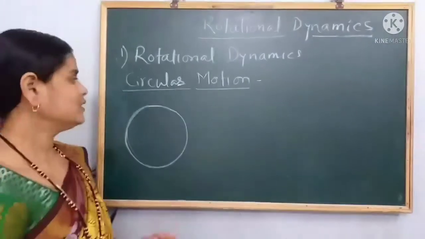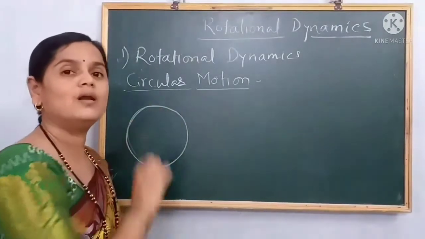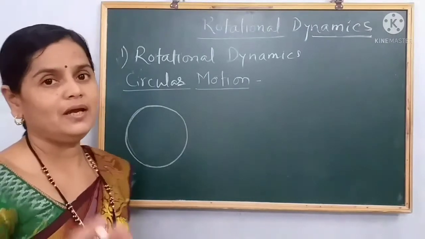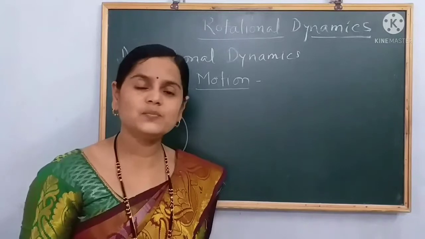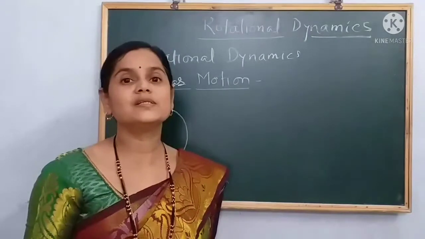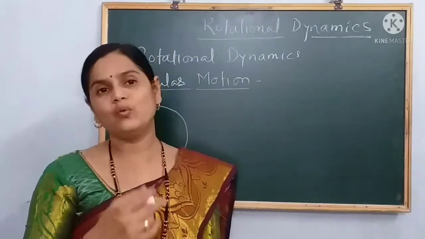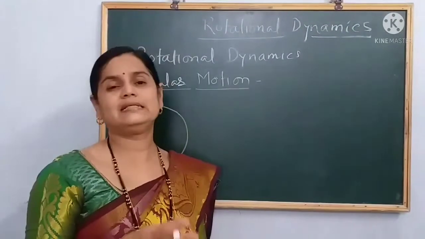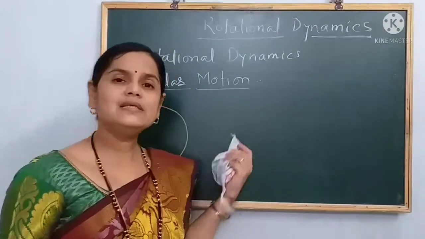So, when a particle is performing circular motion along the circumference, it displaces through a certain angle. As there is displacement, there must be velocity. As there is velocity, the particle possesses acceleration and thereby force. We will see these displacement, velocity, acceleration and force in the case of circular motion here.